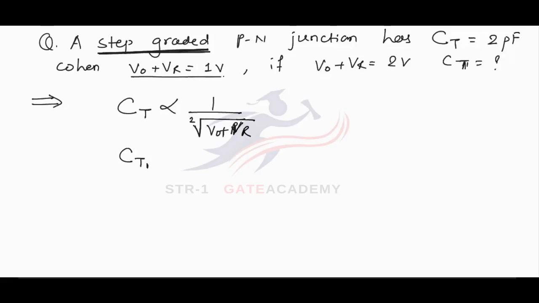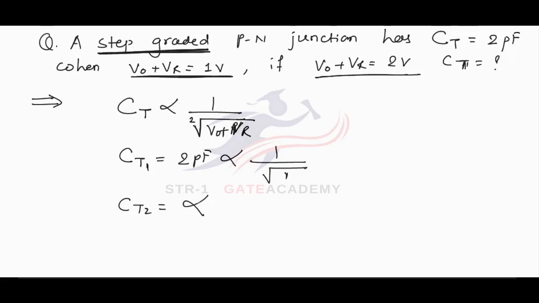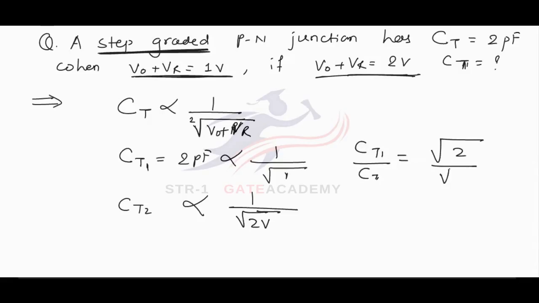For V0 plus Vr 1 volt, the transition capacitance Ct will be equal to 2 picofarad, and it is inversely proportional to root of 1 volt. Ct2 for V0 plus Vr equal to 2 volt will be unknown, and it is inversely proportional to root of 2 volt. So Ct1 upon Ct2 is equal to under root 2 upon under root 1.